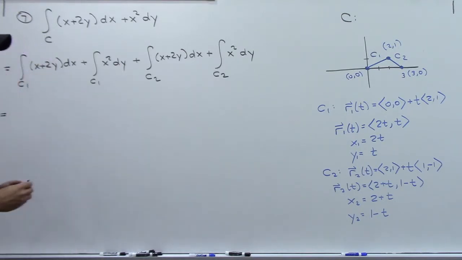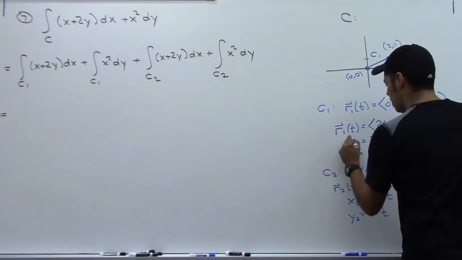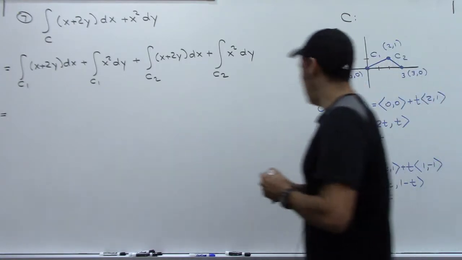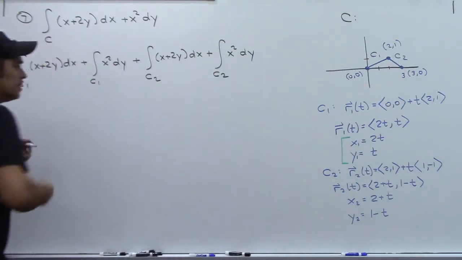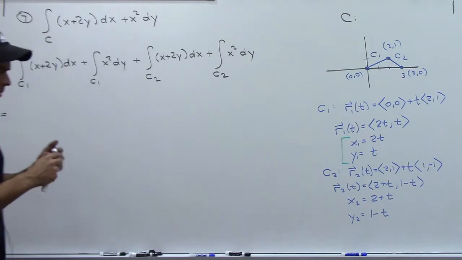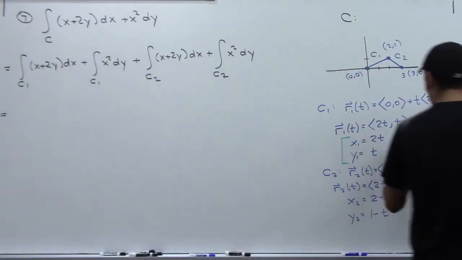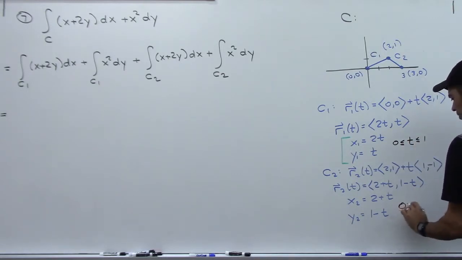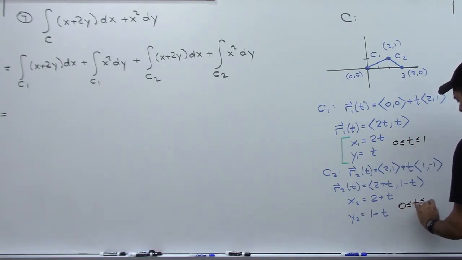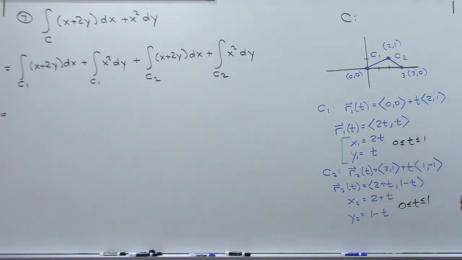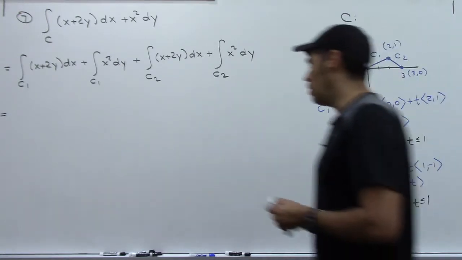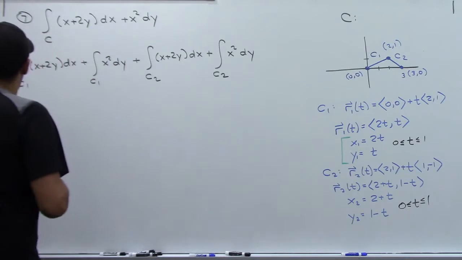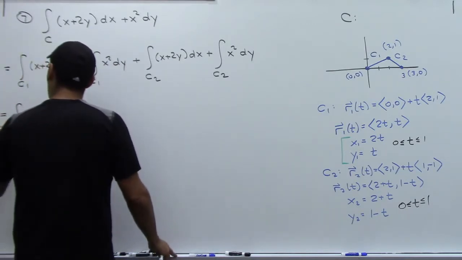All right, now converting. So I'm going to go over C1 right now, and because I'm going to integrate over C1, I'm going to use these 2 right there. Oh, you know what? I forgot to put the restrictions on t. On both of these, t is between 0 and 1. And that's just because of the way that we have learned how to draw line segments. T will always vary between 0 and 1. All right, so this integral will go from 0 to 1.